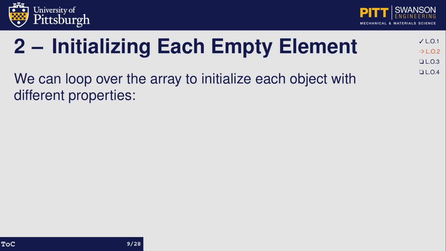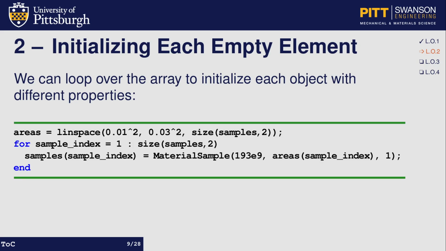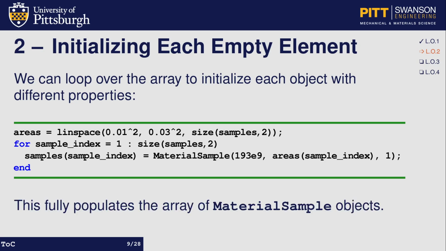We can loop over that array to initialize each of those objects with slightly different properties by defining first a linear array of areas from 1 square centimeter to 9 square centimeters, just like before, and then looping over the array of objects to initialize a MaterialSample object using those different areas. This fully populates the array of MaterialSample objects called samples.